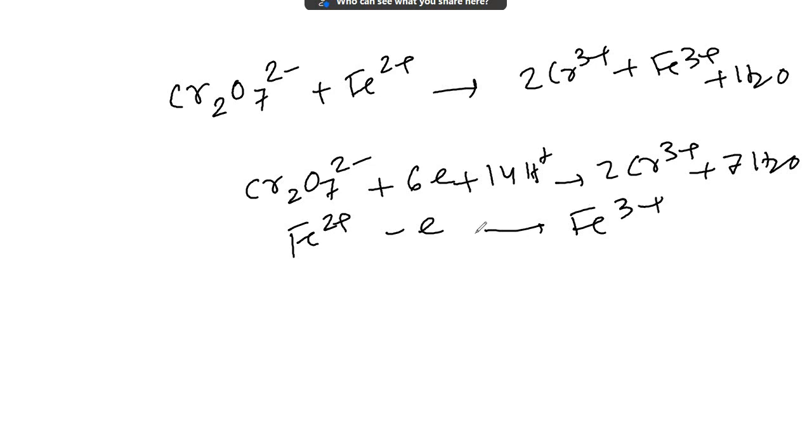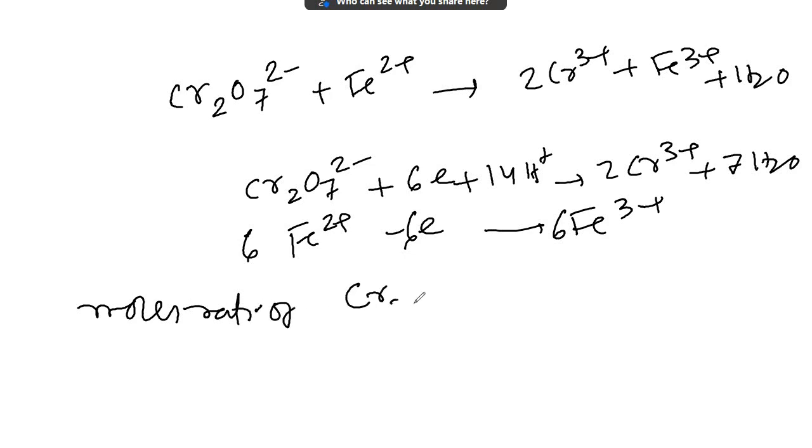In a redox reaction, the number of electrons given and taken are the same, so multiply by 6. So the mole ratio of dichromate to Fe2+ is 1:6. For 1 mole of dichromate, we require 6 moles of ferrous salt.